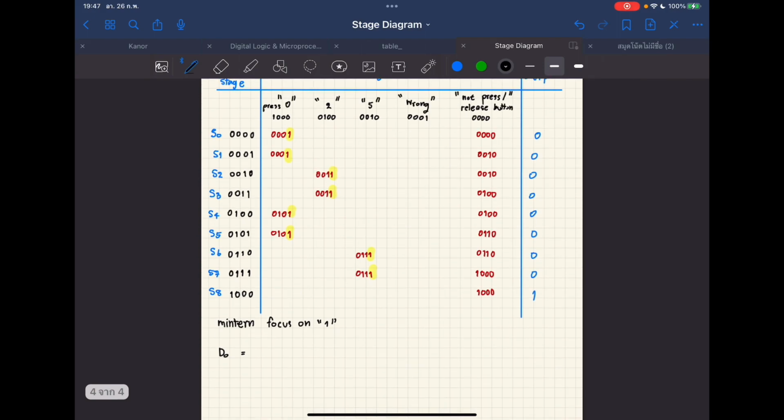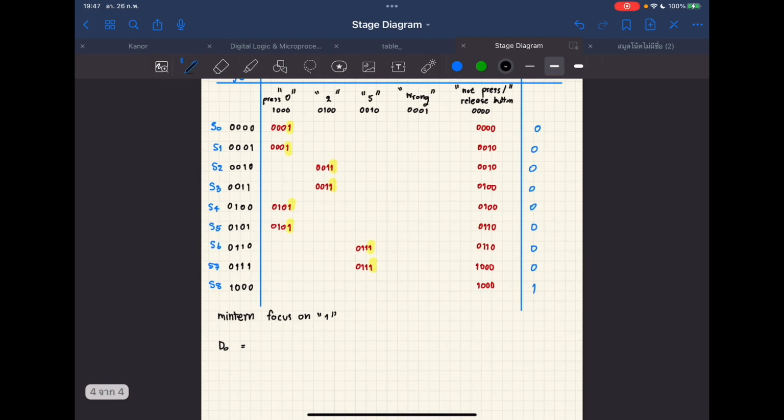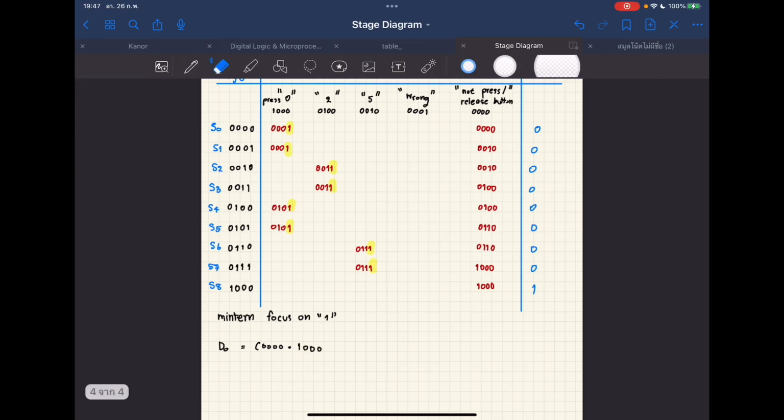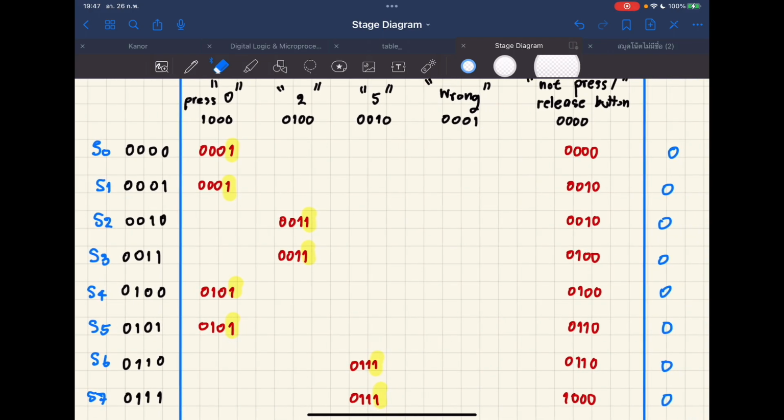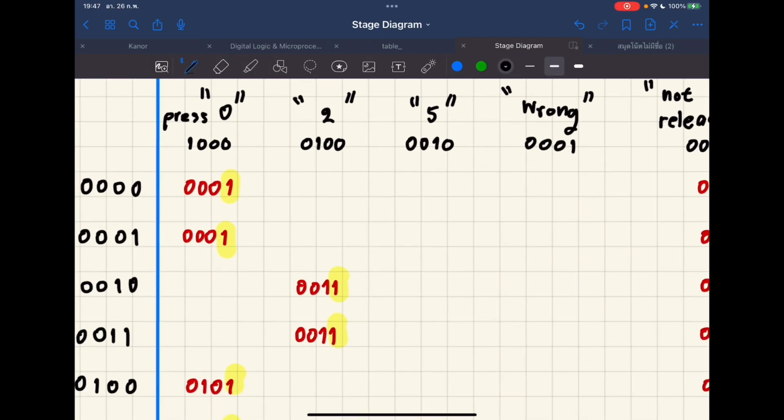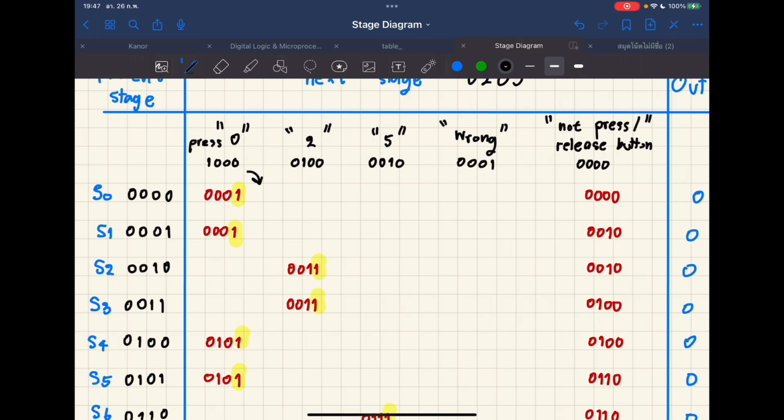The equation is going to be 0 0 0 0 and 1 0 0 0. This is from W3, W2, W1, W0, which are the inputs.